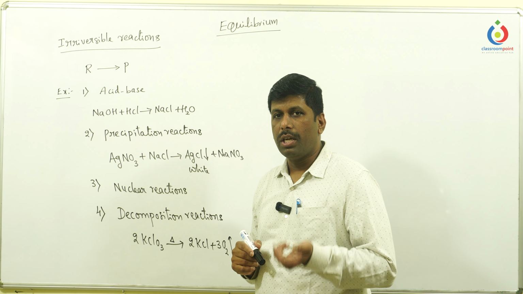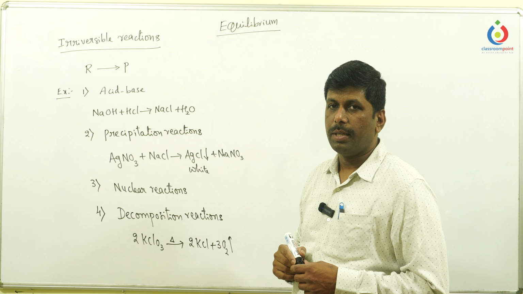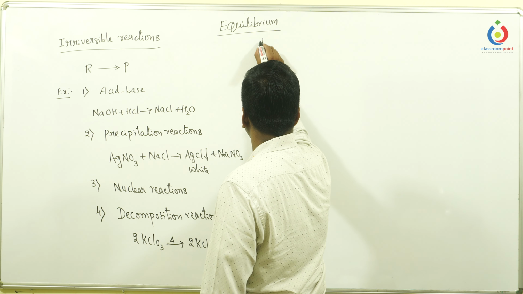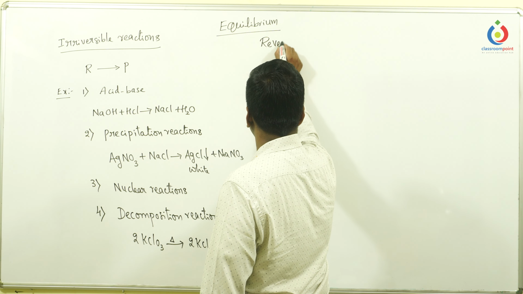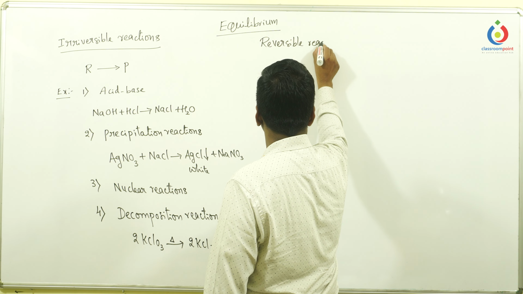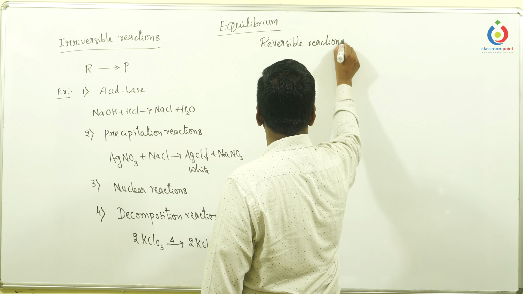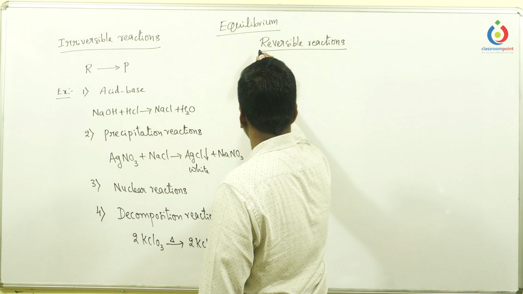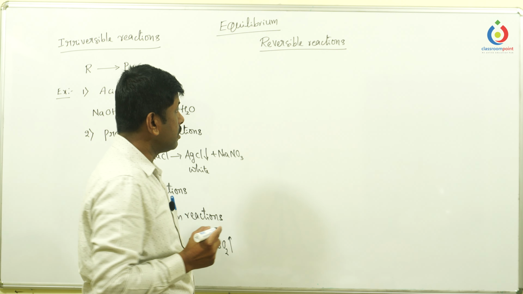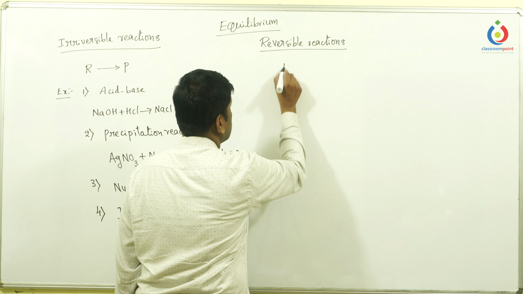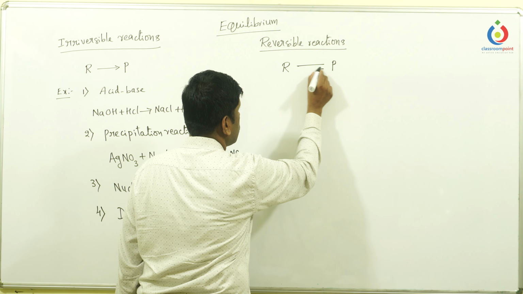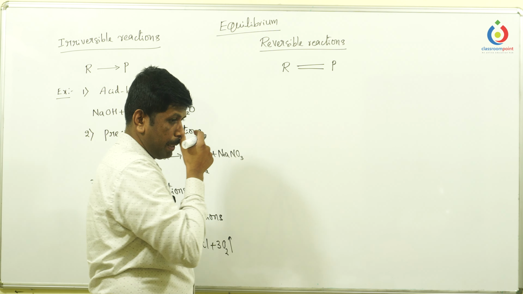Now let us see for which type of reactions the concept of equilibrium is applied. That is reversible reactions. So what are the reversible reactions? In these processes, reactants convert into the products, and products also can be converted back into the reactants.